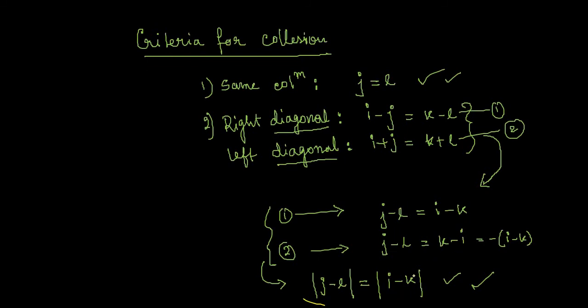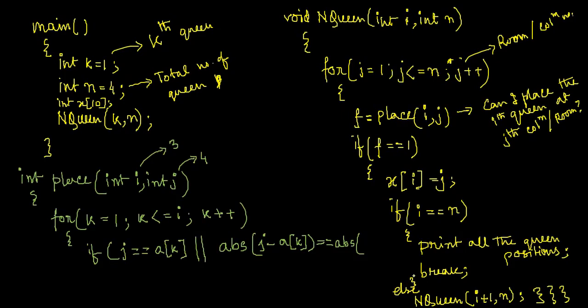You see, i is here, the ith queen, and I am checking with the kth queen. So you can easily write i minus k. There is no issue. If one of these conditions is true for some value of k, that means there is a collision with the kth queen, with this ith queen.